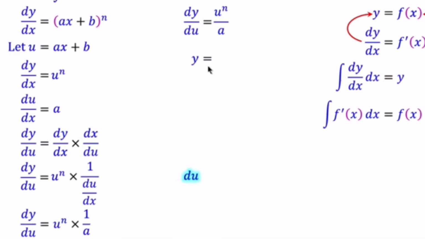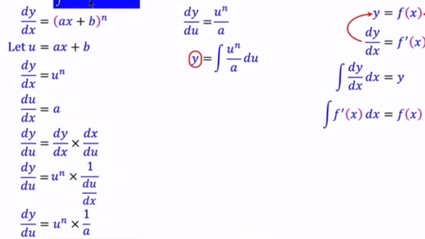Then we substitute u to the power of n over a. Now we can actually integrate, because we have u to the power of n and du, so it is the same variable.